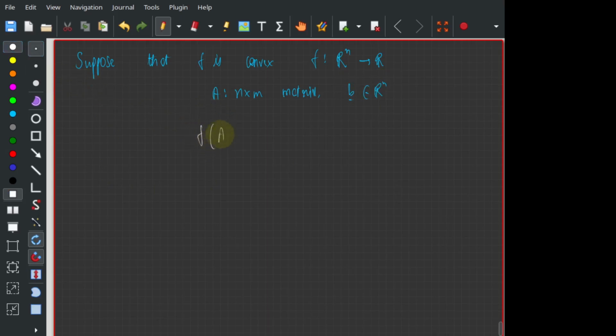What can you say about f of Ax plus B? Is this going to be convex? Yeah. And why?